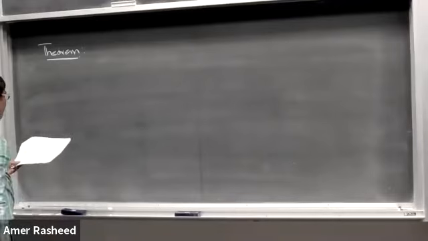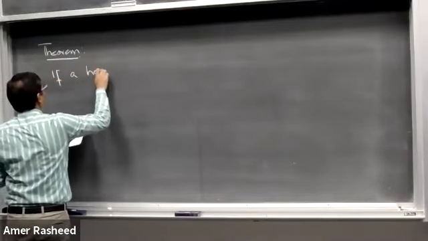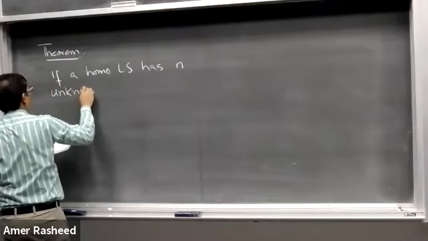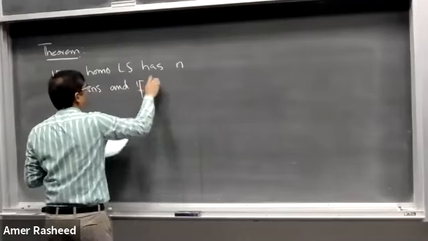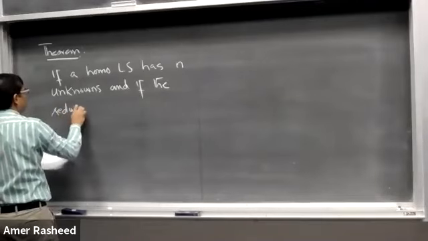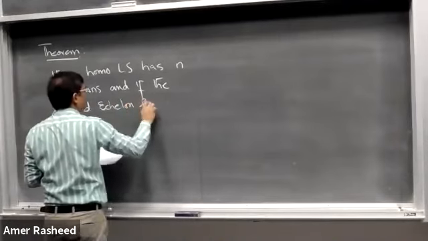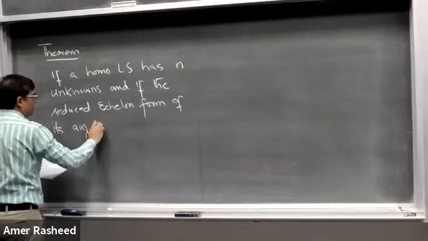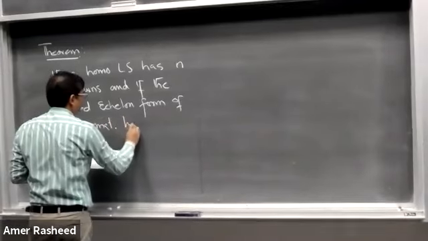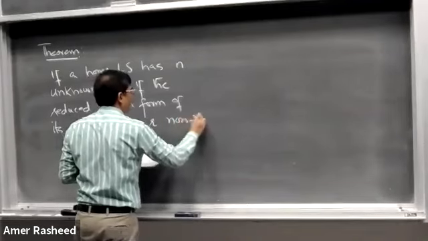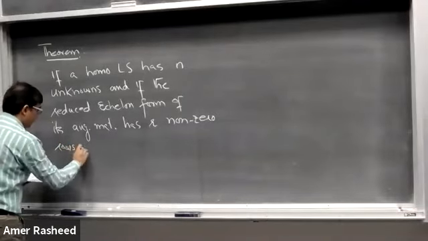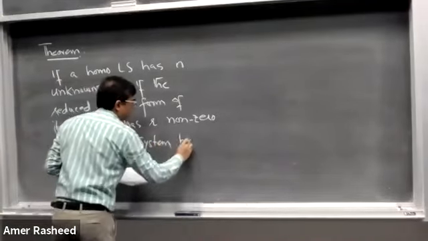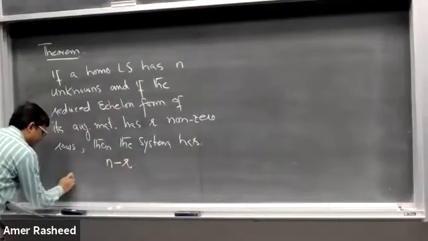If a homogeneous linear system has n unknowns, and if the reduced echelon form of its augmented matrix has R non-zero rows, then the system has n minus R free variables.